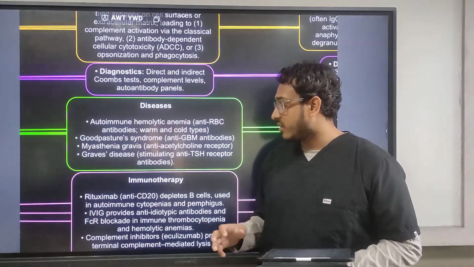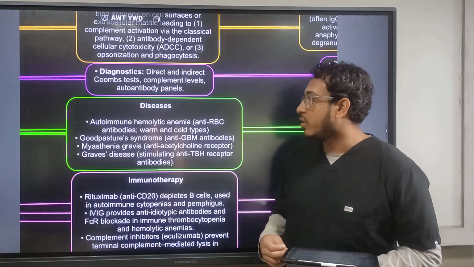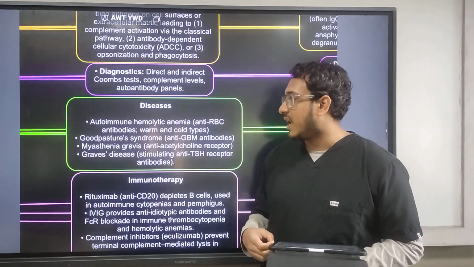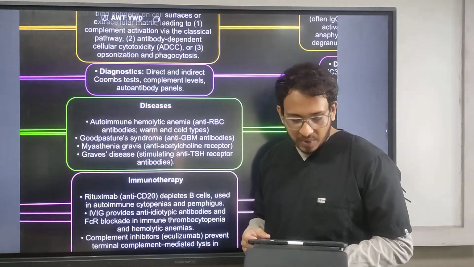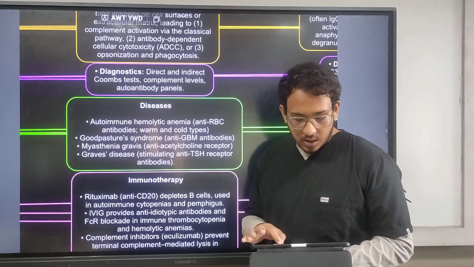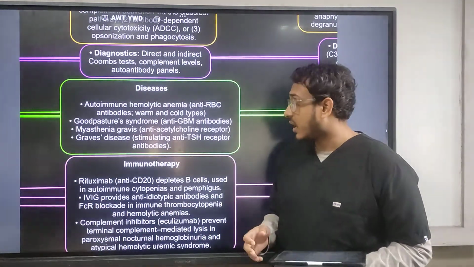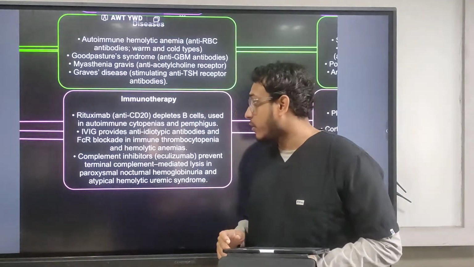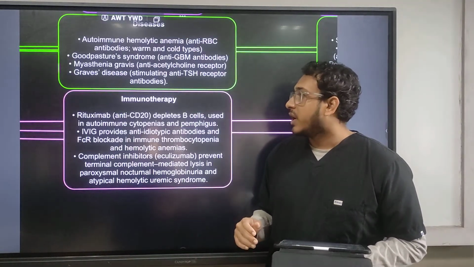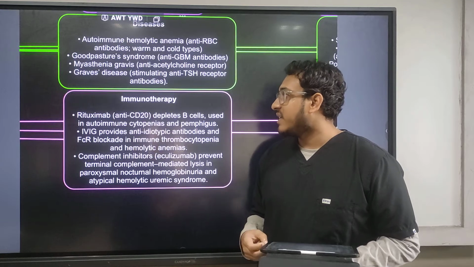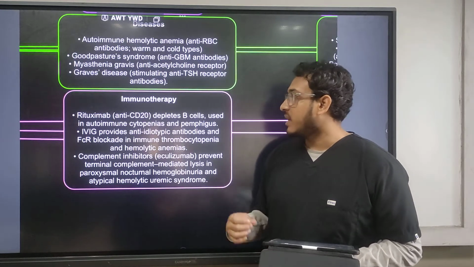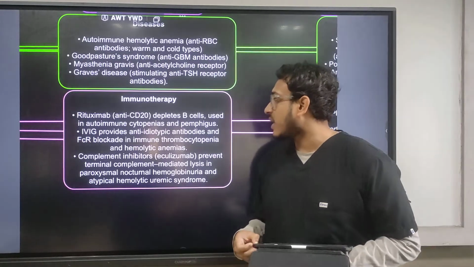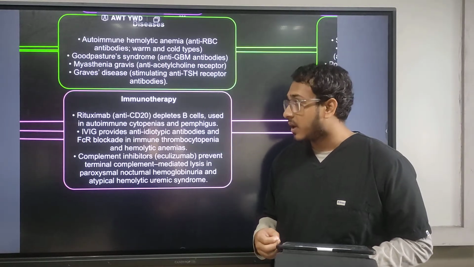Diseases: certain diseases like autoimmune hemolytic anemia, that is anti-RBC antibodies, Goodpasture syndrome, myasthenia gravis, Graves' disease, etc. So the immunotherapy is rituximab. It is anti-CD20. It depletes the B cells and it is used in autoimmune cytopenias and pemphigus.